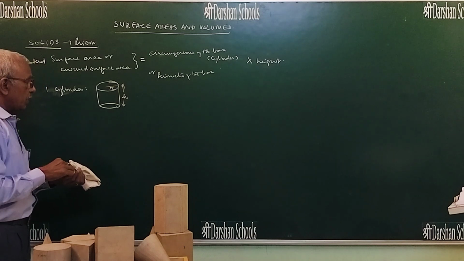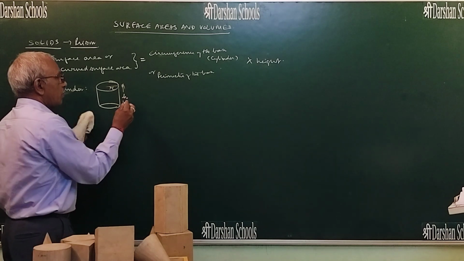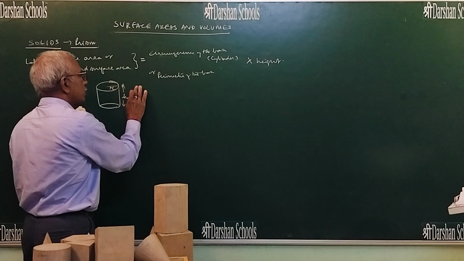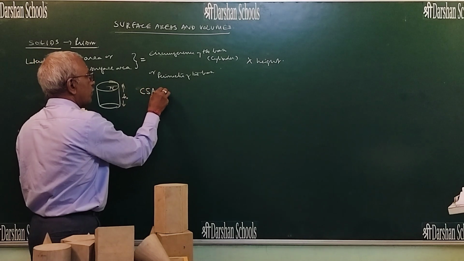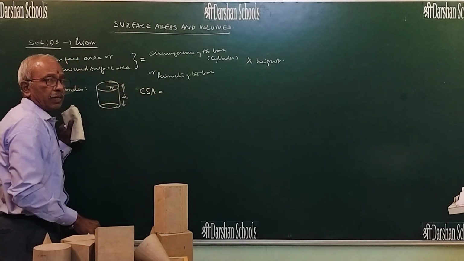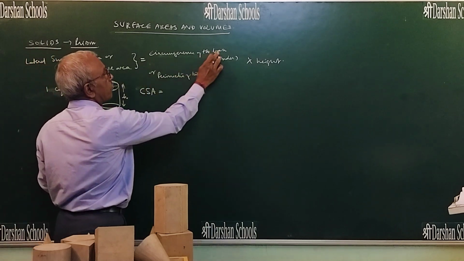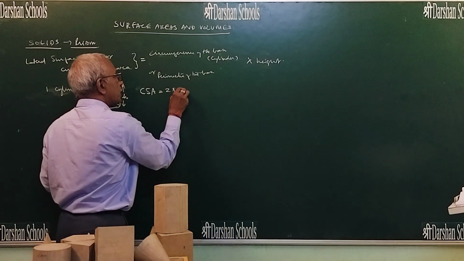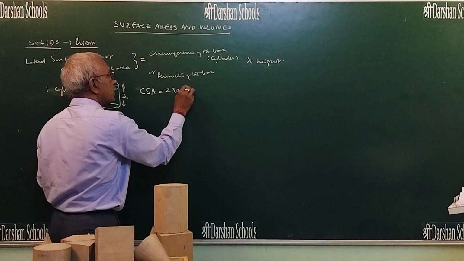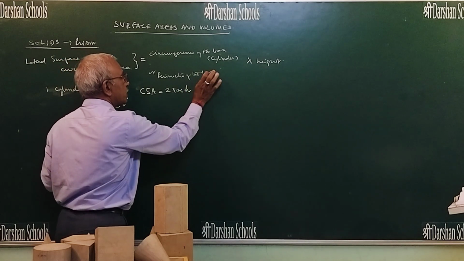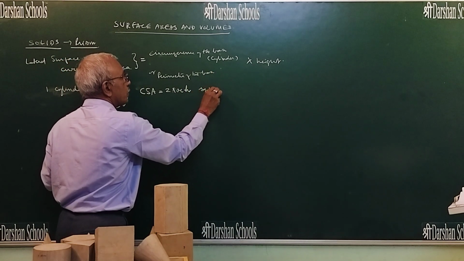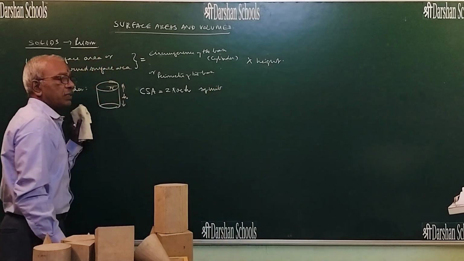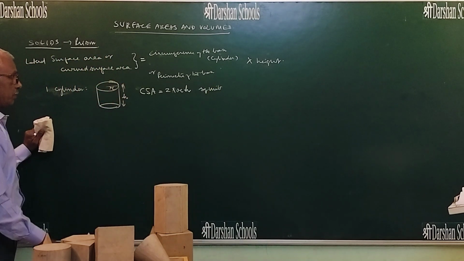In that case, the curved surface area, as I told you, in the case of a cylinder is equal to the circumference of the base, that is 2 pi r, into height h: 2 pi r h square units. This is the curved surface area of a cylinder.